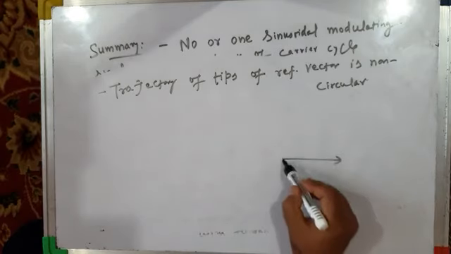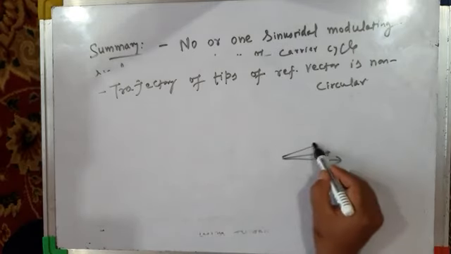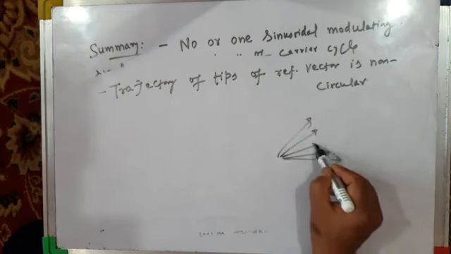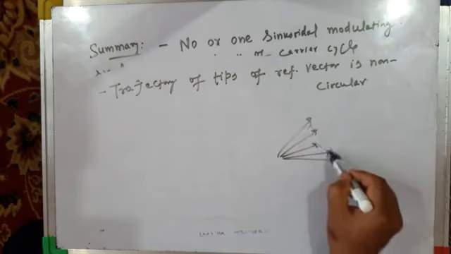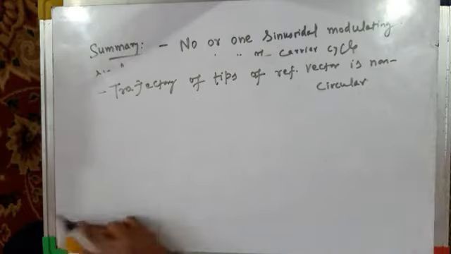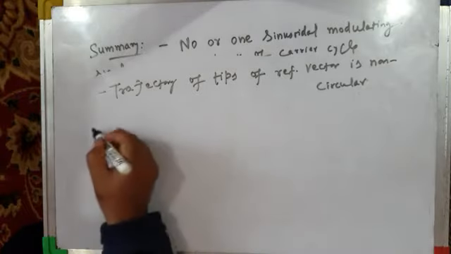First VREF1 is higher, then VREF2 is lower, VREF3 is still lower, then it is higher, then it is higher. So the trajectory of the tip of the rotating reference vector is not circular, it is non-circular, which means that low frequency distortion is introduced in the inverter output voltage.